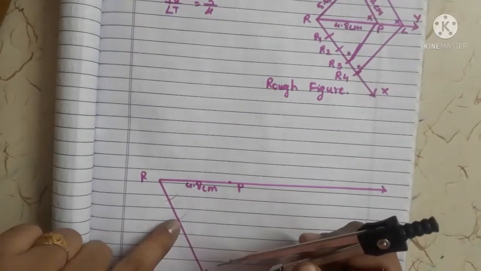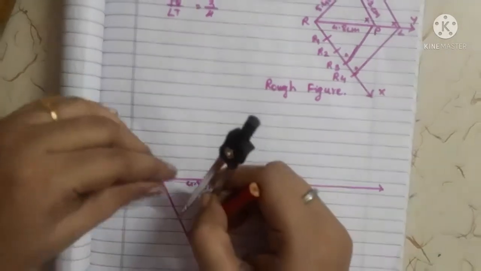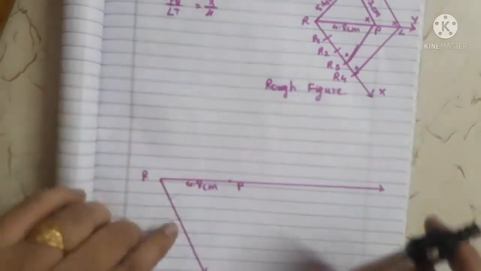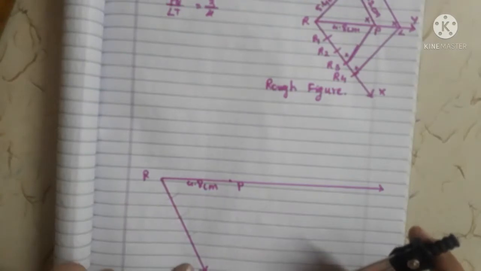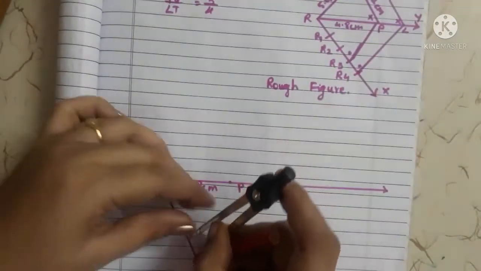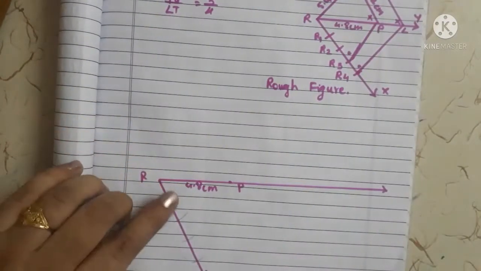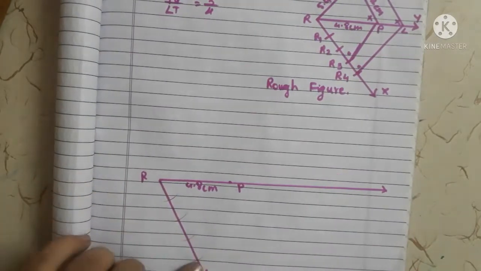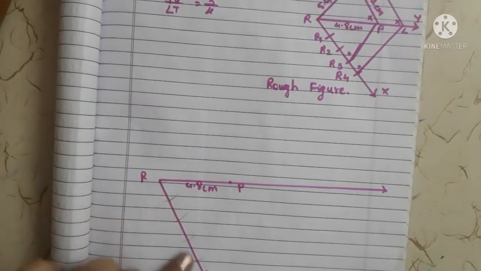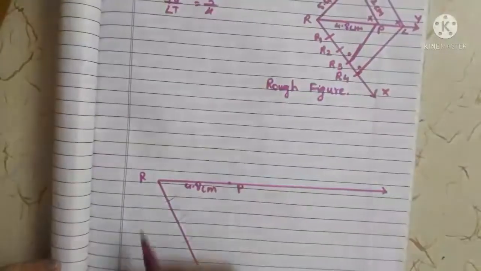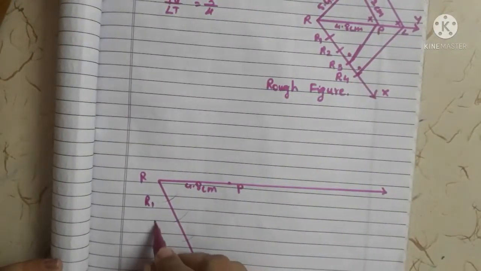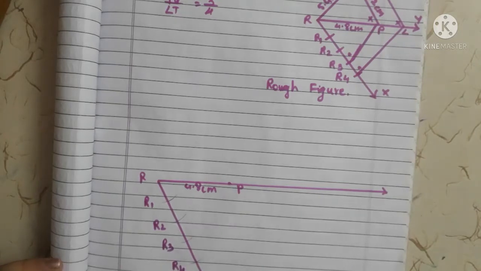Now again I have got one arc on my arm. On that I will keep, and again I will draw one more arc. Like this 4 arcs you will draw. So I will keep again here. This is the 4th one. So R1, R2, R3 and R4. So these are the 4 divisions. I will write the name here: R1, R2, R3 and R4.